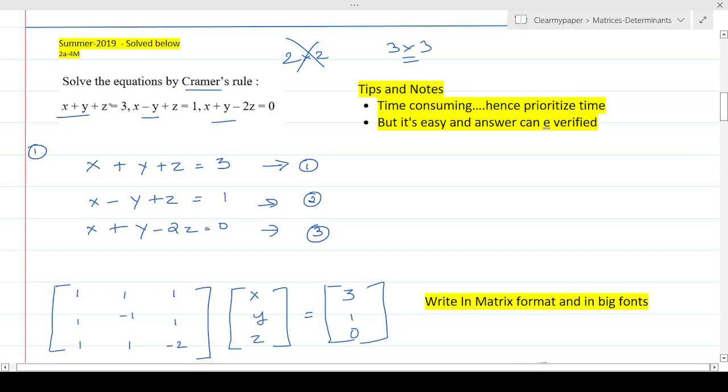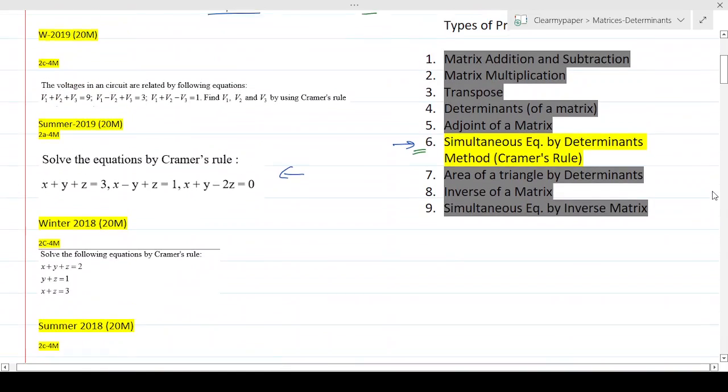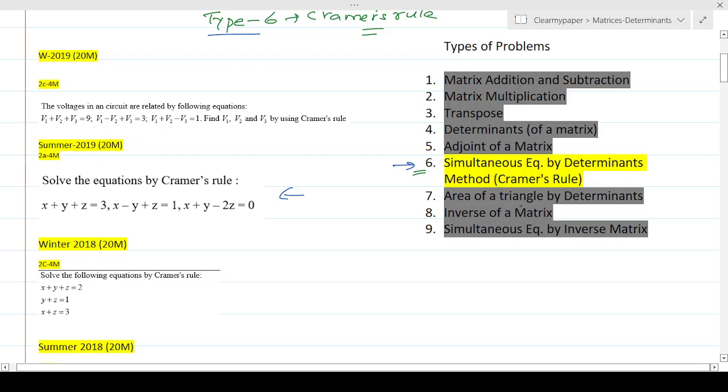Whenever they ask in different formats, like solve the equations, find the solutions, or find values of x, y, and z, it means the same thing. Sometimes it could be called inverse also, but in the context of the syllabus, inverse is used for finding the inverse by the matrix methodology. Type number 9, the last thing that we'll discuss, and type 8 cover the inverse matrix.